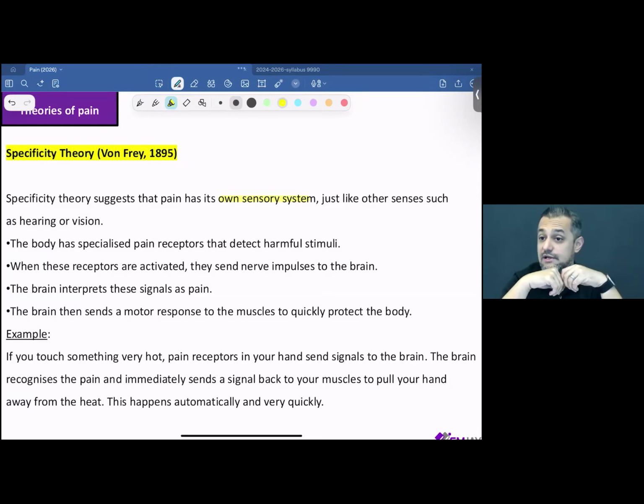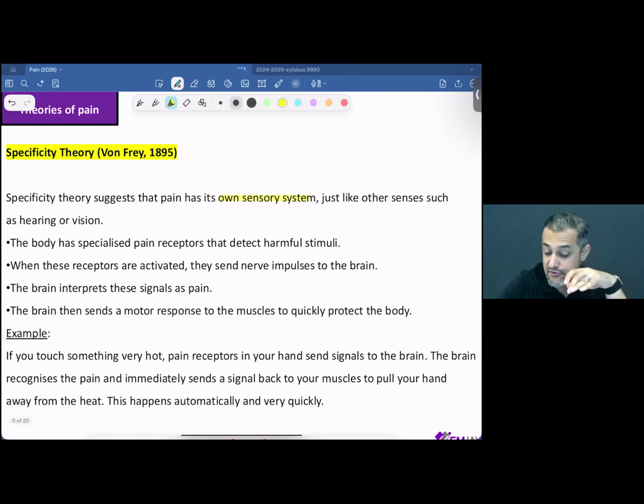So sensory specificity theory claims that for pain too, inside our body, on our skin, there are some sensors, and those sensors play an important role. As we use the word, these specialized pain receptors detect harmful stimuli. Now let's just say you bumped into a fridge, you bumped into the door, you hurt your elbow.